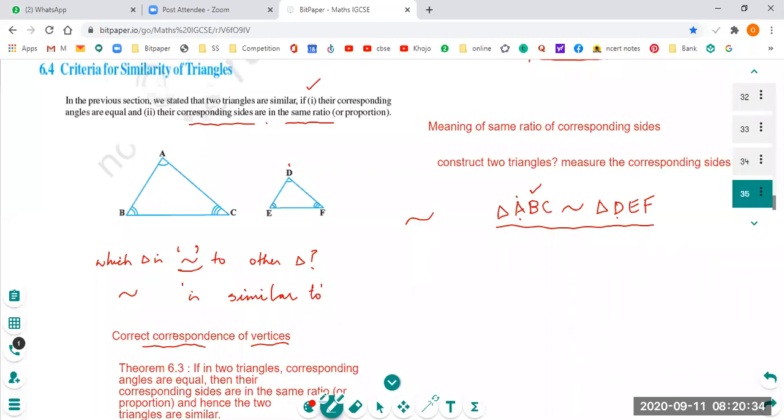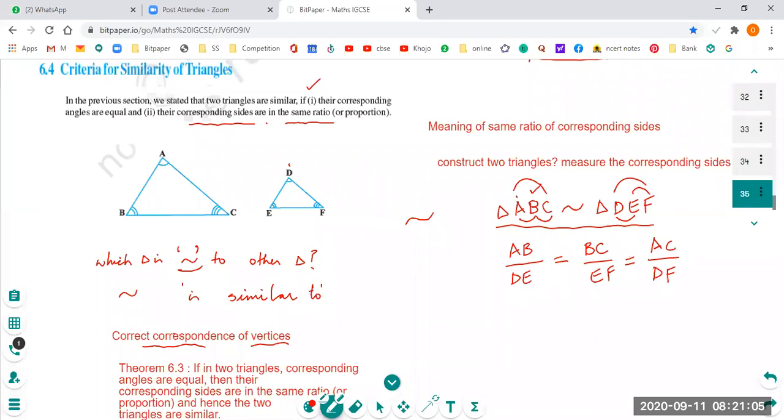Here I get AB, so AB divided by DE from here, is equal to BC divided by EF, is equal to, now go for AC, first and last, AC divided by DF.